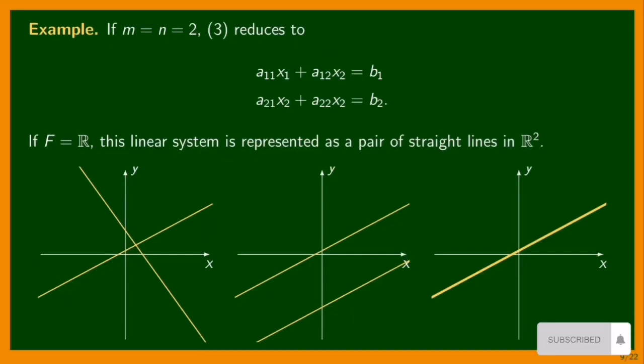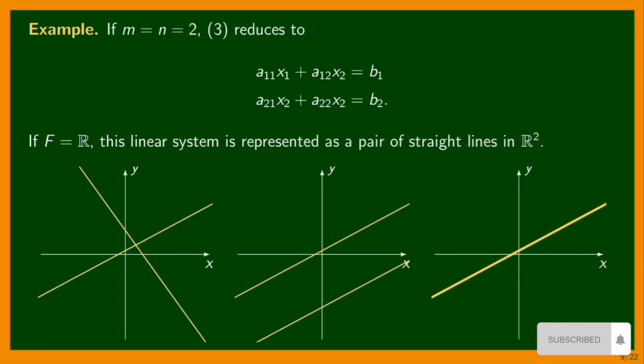In the case where m and n equal 2, there is a geometric interpretation of a 2 by 2 linear system as follows. Of course, F here has to be R to be represented this way. Now take note that in elementary algebra, an equation of this form may be represented geometrically by a straight line.